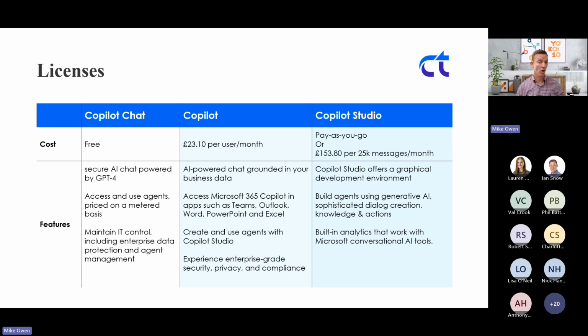And then thirdly, we can just have a Copilot Studio dedicated license. Now, you would probably want to go with the pay-as-you-go license, depending on your use here. There is a bit of a breakpoint, and the license itself is getting on for £154, but it's based on a number of messages that are used per month.